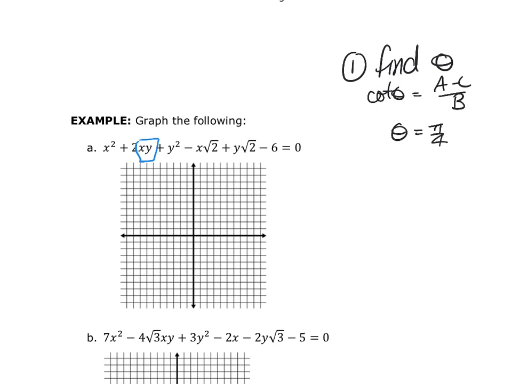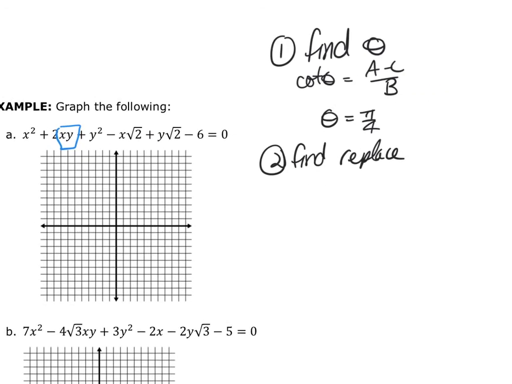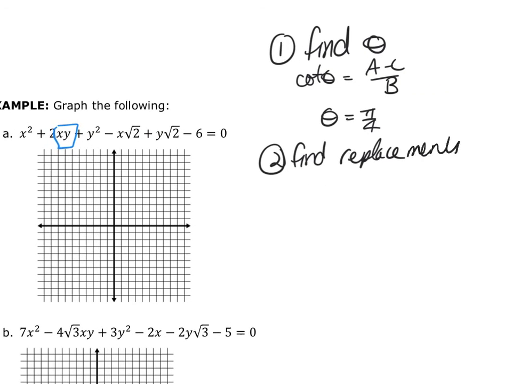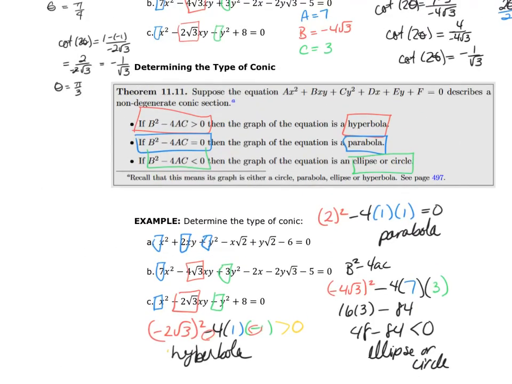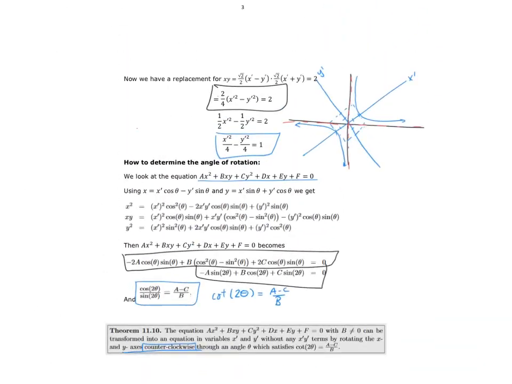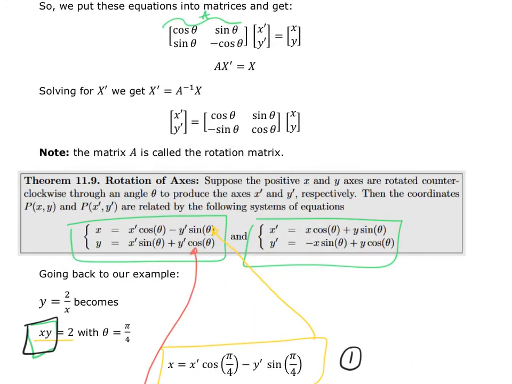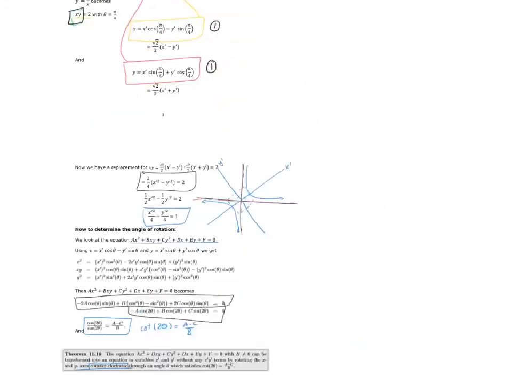Okay, so now the second thing I'm going to do is find replacements for x and y. I don't have these memorized, so I'm going to have to go back way up here.